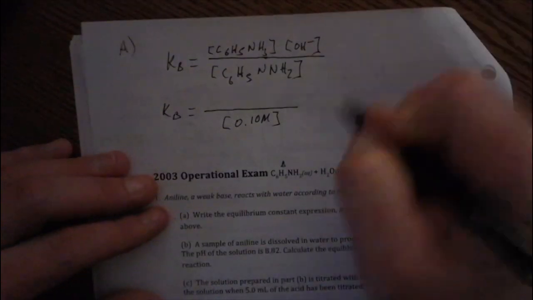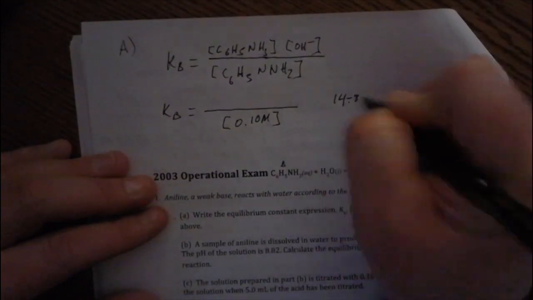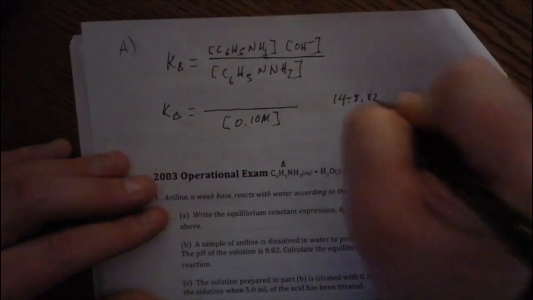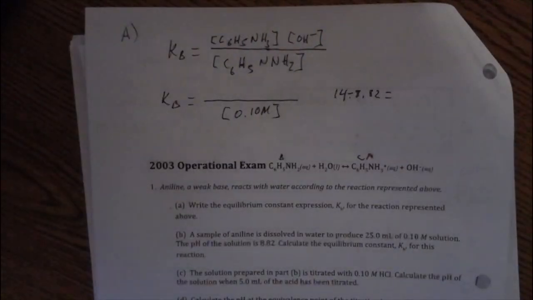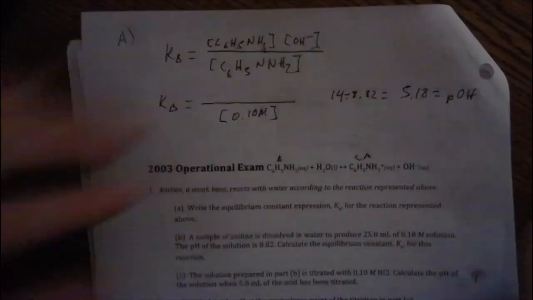0.10. And then we're going to go ahead and take 14 minus 8.82. 14 minus 8.82. That is 5.18. That is equal to the pOH.